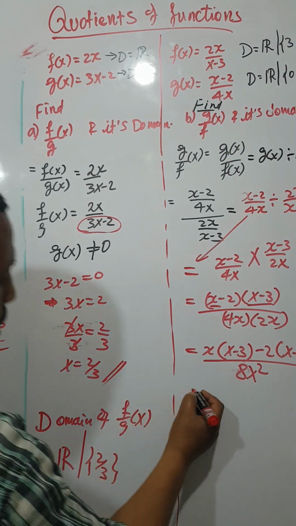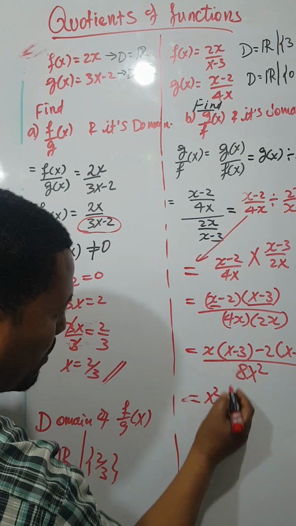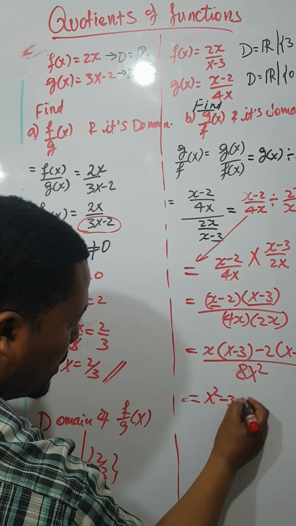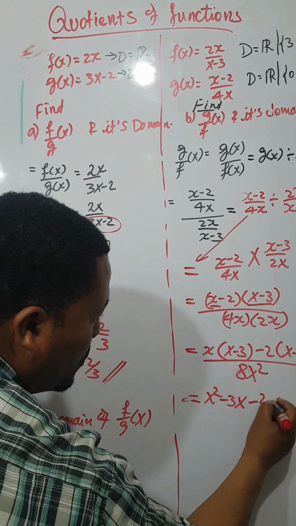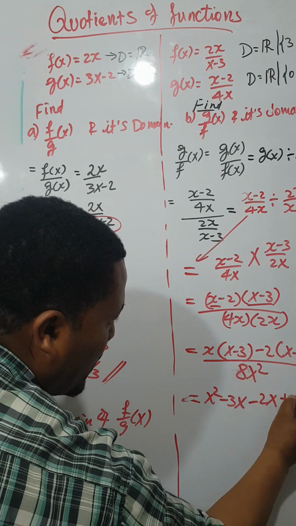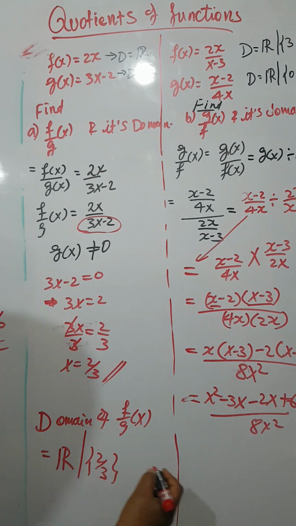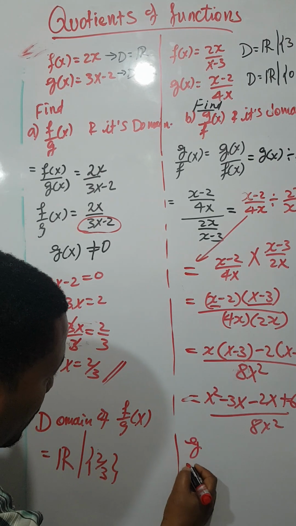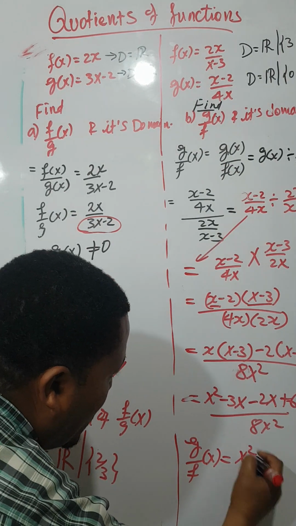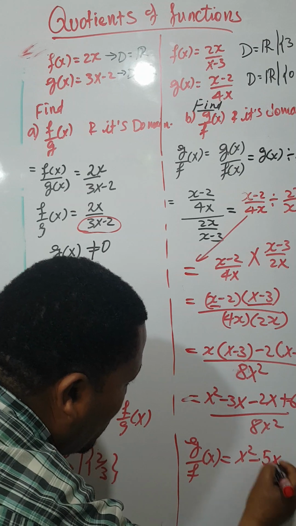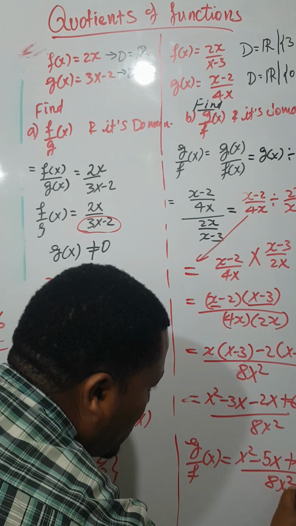This is x squared minus 3x, minus 2x, plus 6, divided by 8x squared. Collecting terms, g over f of x is equal to x squared minus 5x plus 6, divided by 8x squared.